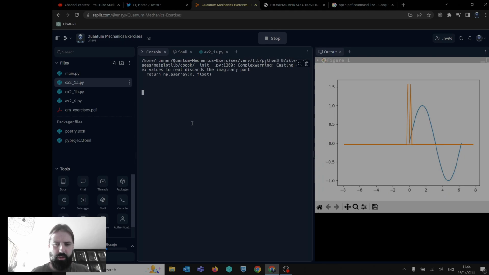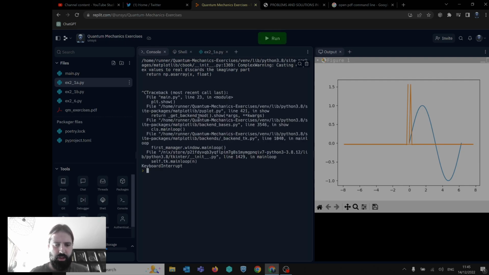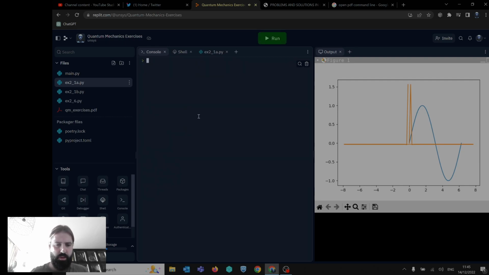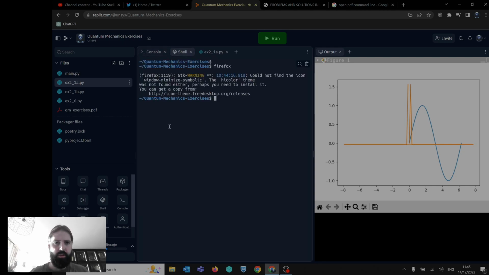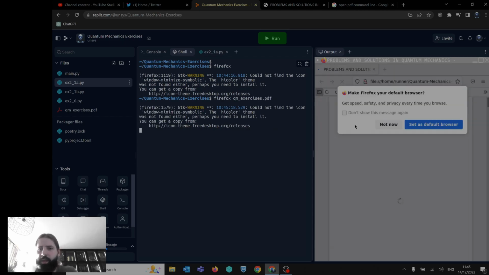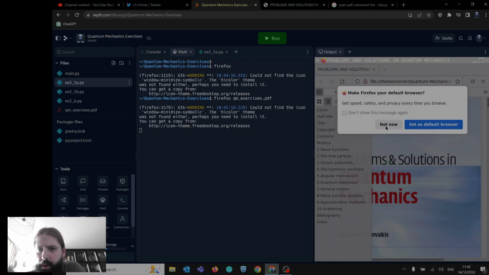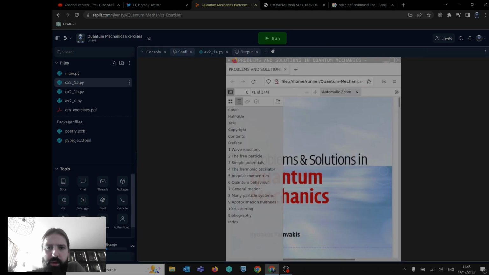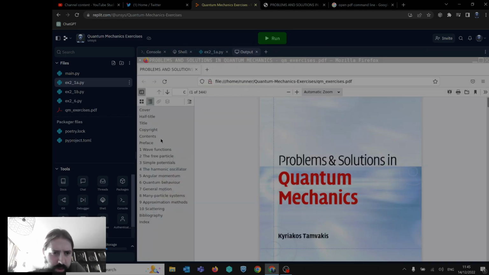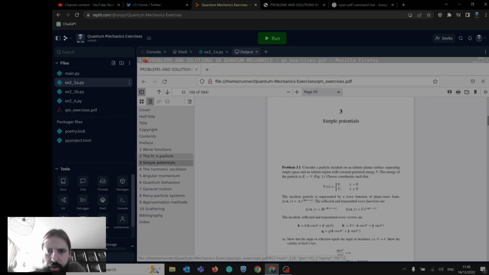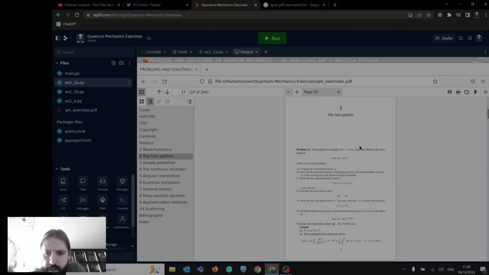If I open it not in the console but in the shell, Firefox, okay, there you go. So it actually works. Perfect. So no need to actually have it open aside, that's good.